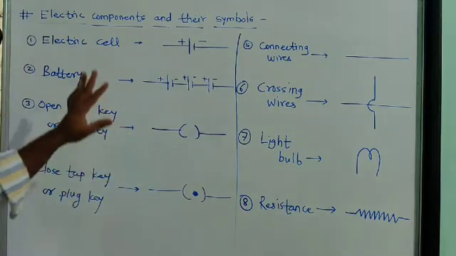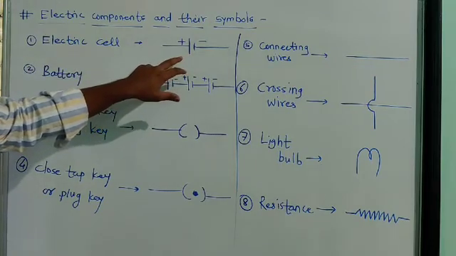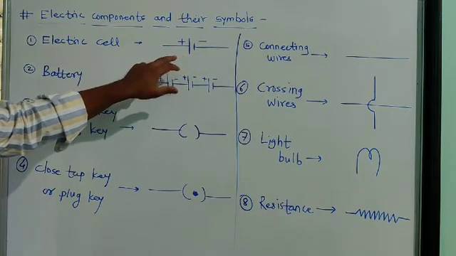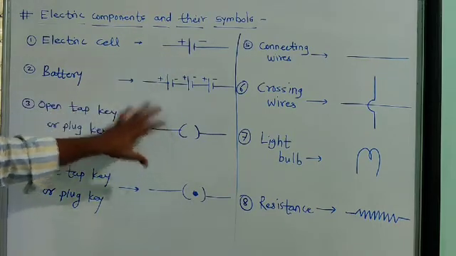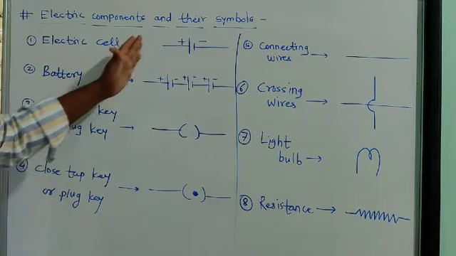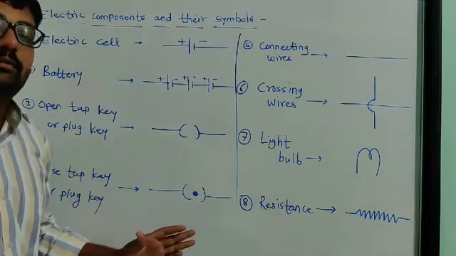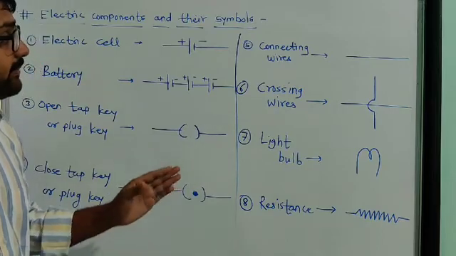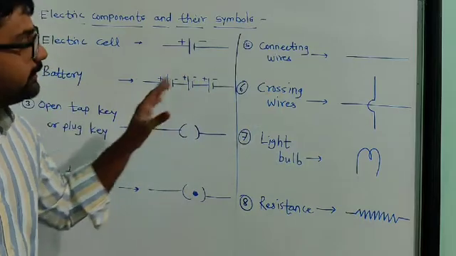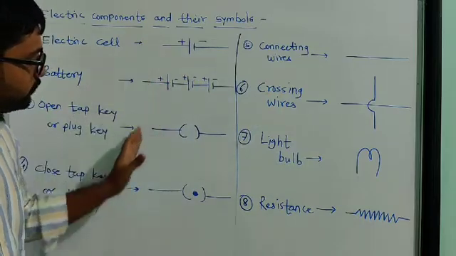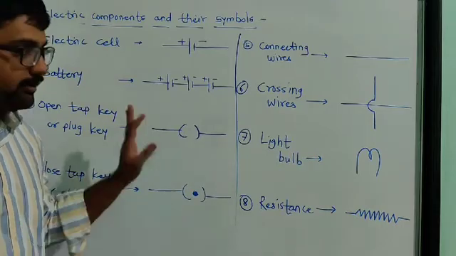But here I only give the name and the notation, that is, how we draw such a component when we draw a diagram of an electric circuit. The pictures and symbols are given here only. Uses I will tell, one by one.